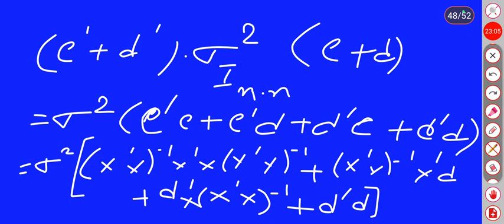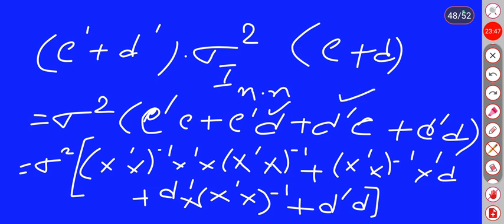Ultimately, if we multiply and put in the value of c prime, we finally get sigma square times x transpose x inverse x transpose x x transpose x inverse, plus x transpose x inverse x transpose d for this term.